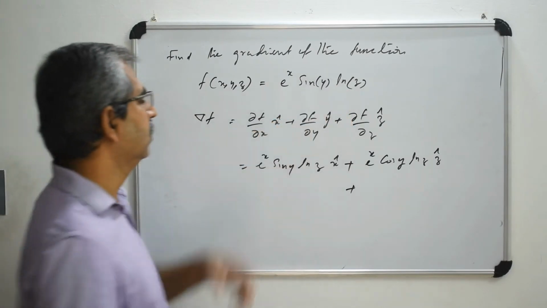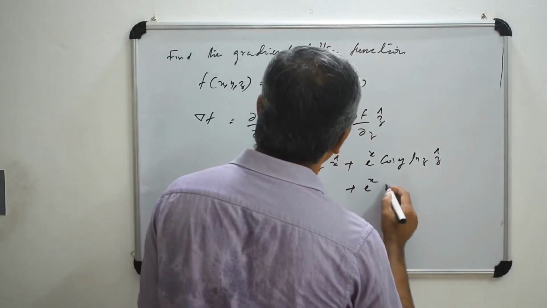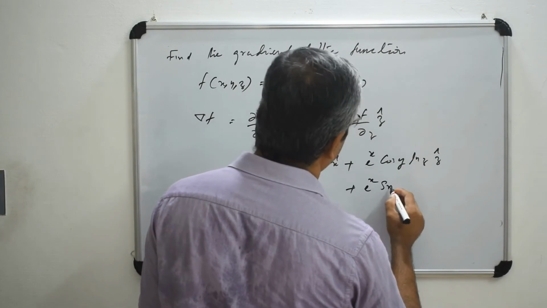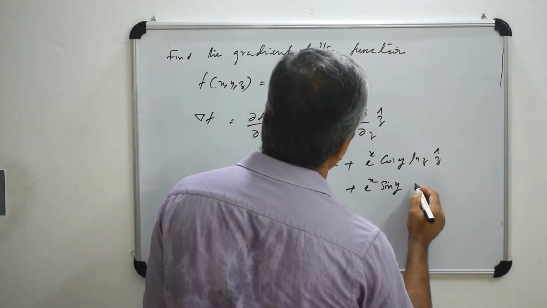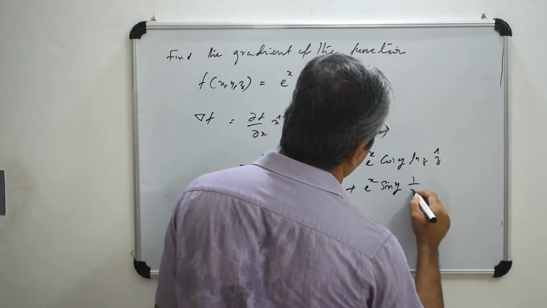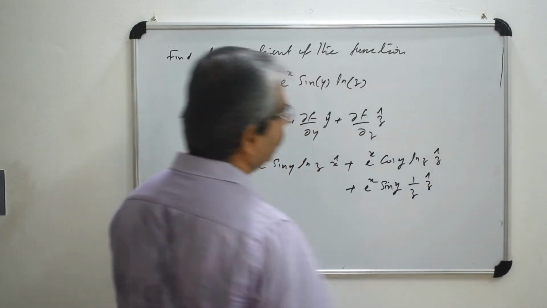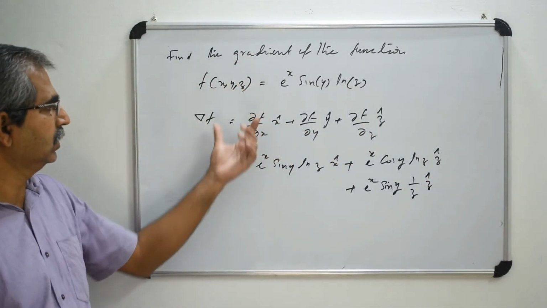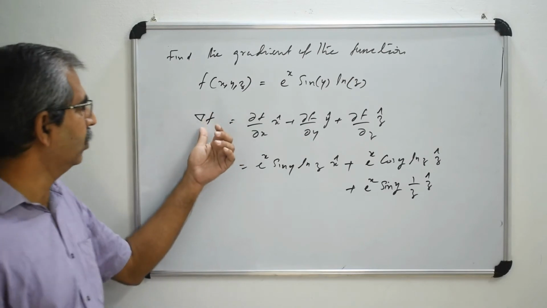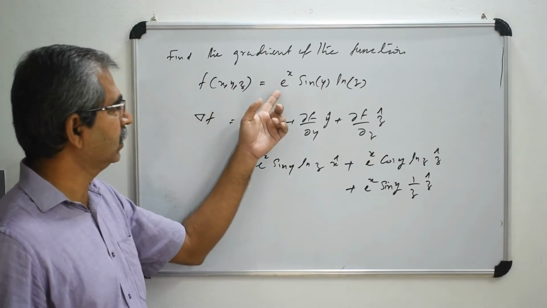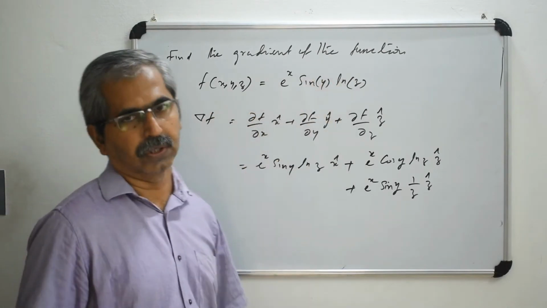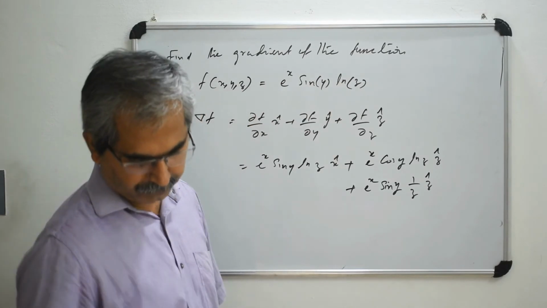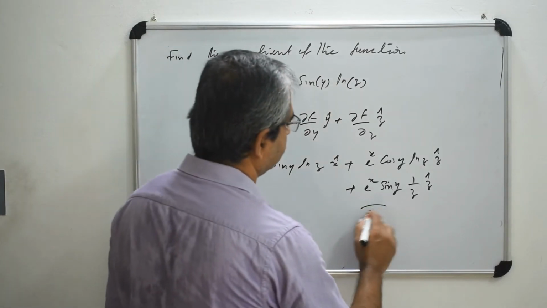The term is this one. So you can write it as e raised to x sin y into log z derivative is 1 by z into z cap. Okay. So this is the gradient of the function f, where f is e raised to x sin y log z. So this is the answer.